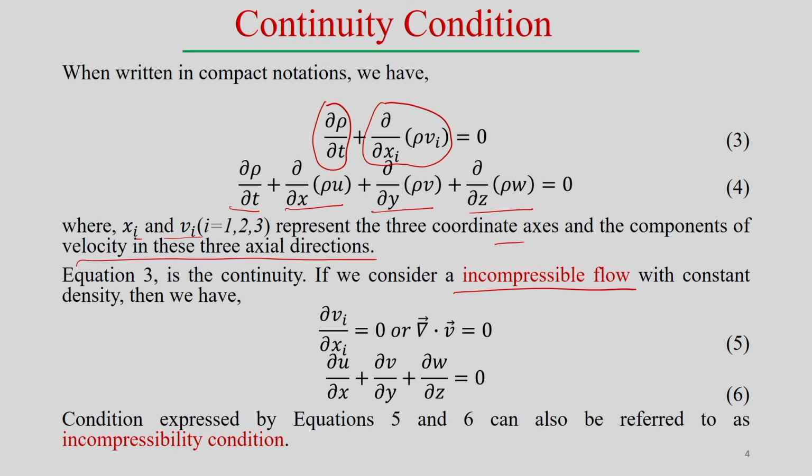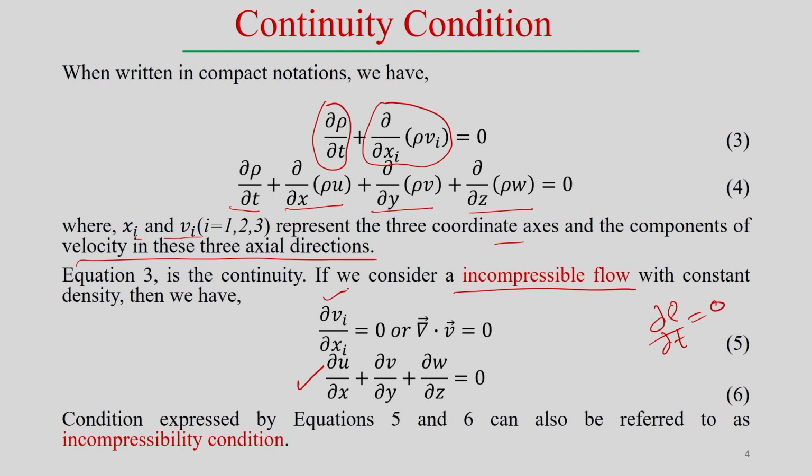So, if density remains constant over time, then del rho by del t is equal to 0, and rho becomes constant, so rho just comes out of the derivative, and then finally it becomes del u by del x plus del v by del y plus del w by del z equal to 0.